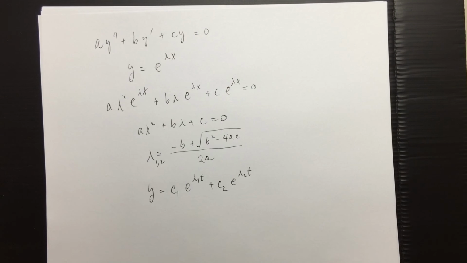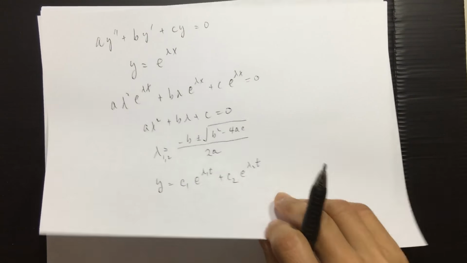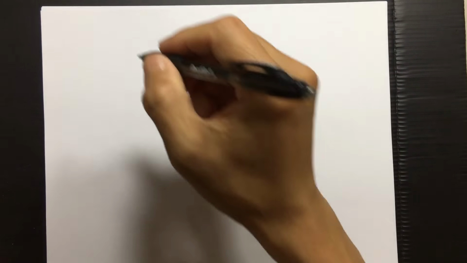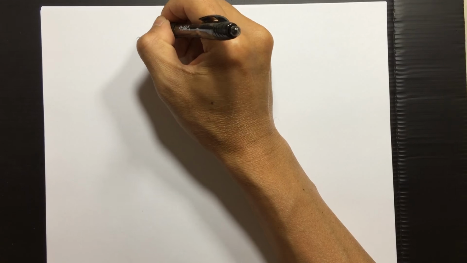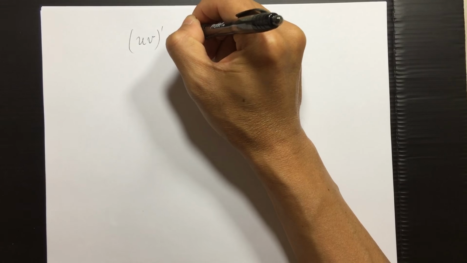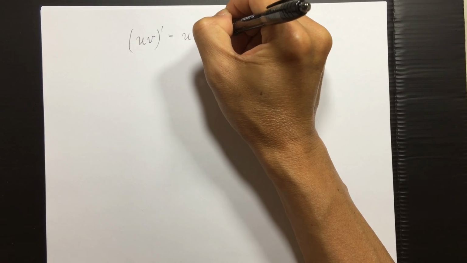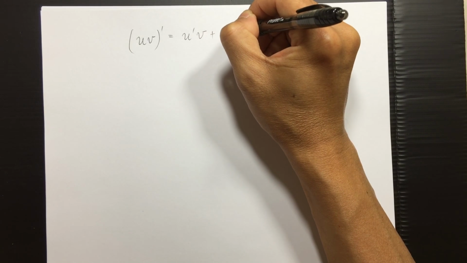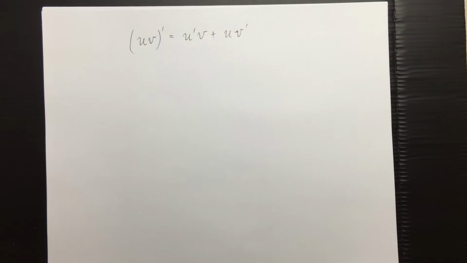Let's see how much time we spent. 23. Okay, let's just make one more comment about taking integrals. We come to this uv. You take u prime v plus u v prime.